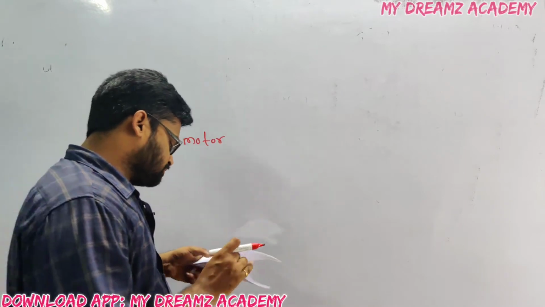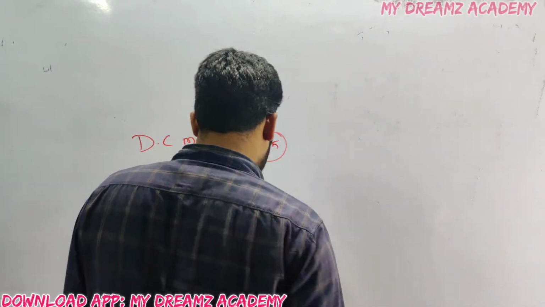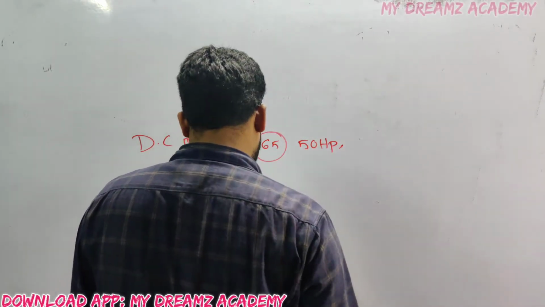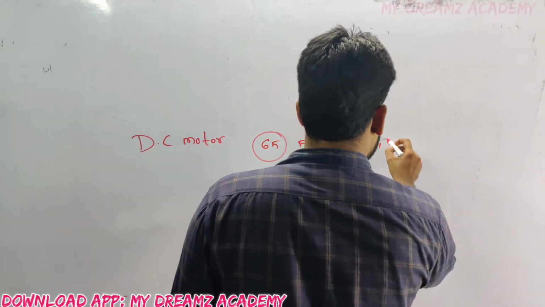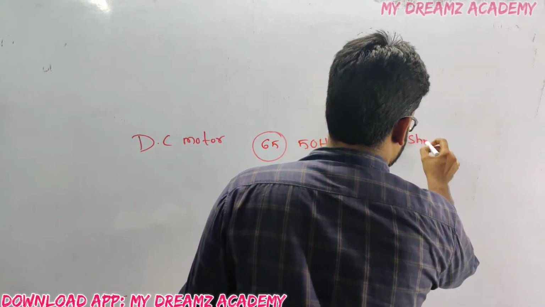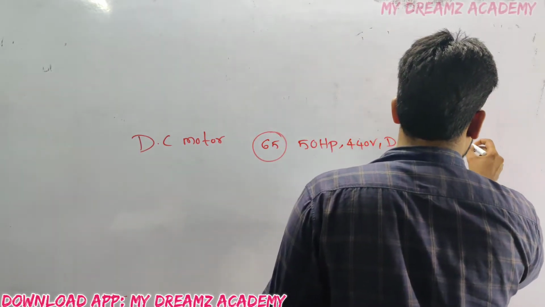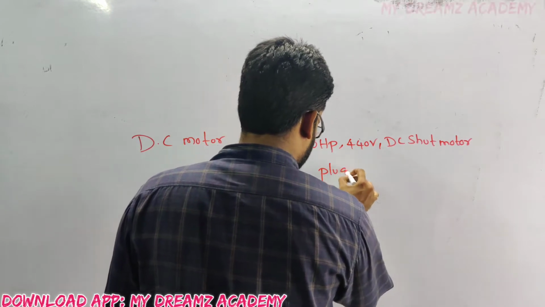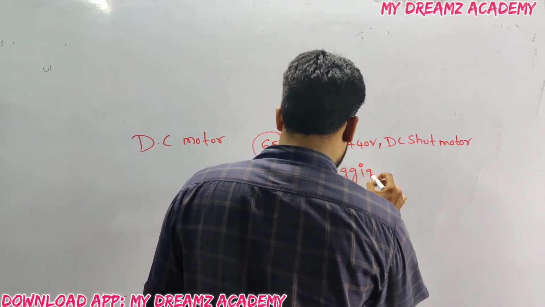And next, the 65th question. A 50 HP, 440 volts DC shunt motor is braked by plugging. So which braking are we using here? Plugging.